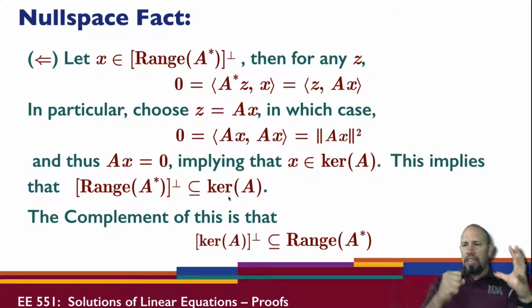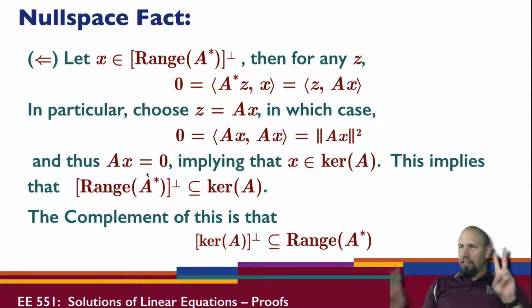So if you turn everything inside out, the complement of the smaller set is larger than the complement of the larger set, and so the containment goes the other way. Okay, and so we have this. The kernel of A orthogonal complement is contained in the range of A adjoint. So I took the complements of both sides.